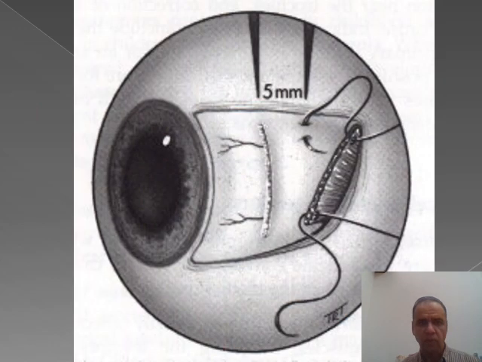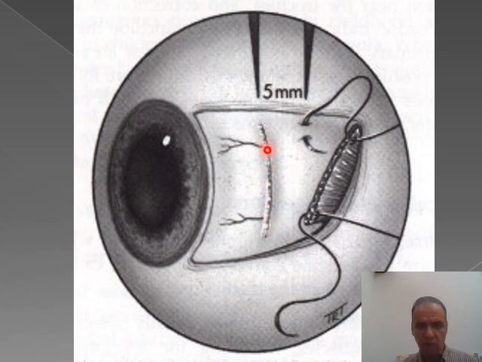This slide is again for weakening or recession of the muscle. This is the conjunctiva. We open the conjunctiva and then the tenon capsule, and we expose the extraocular muscle, and then we disinsert. This is the original insertion of the muscle.